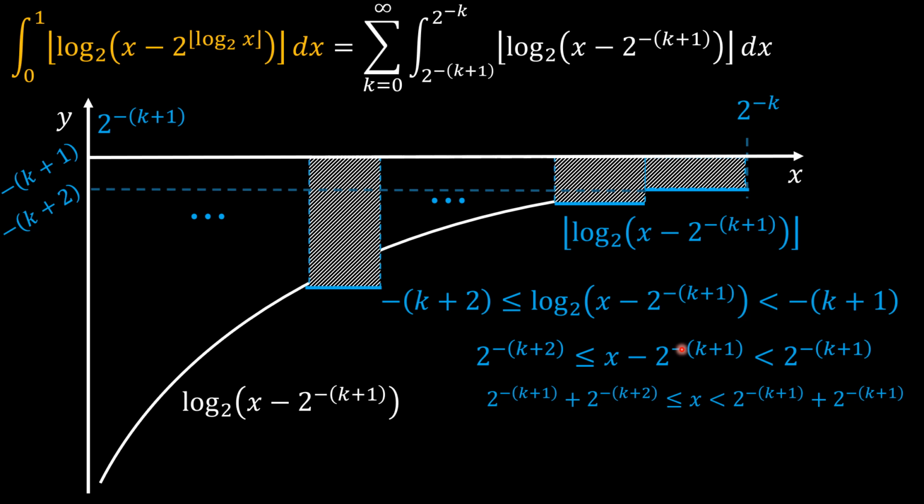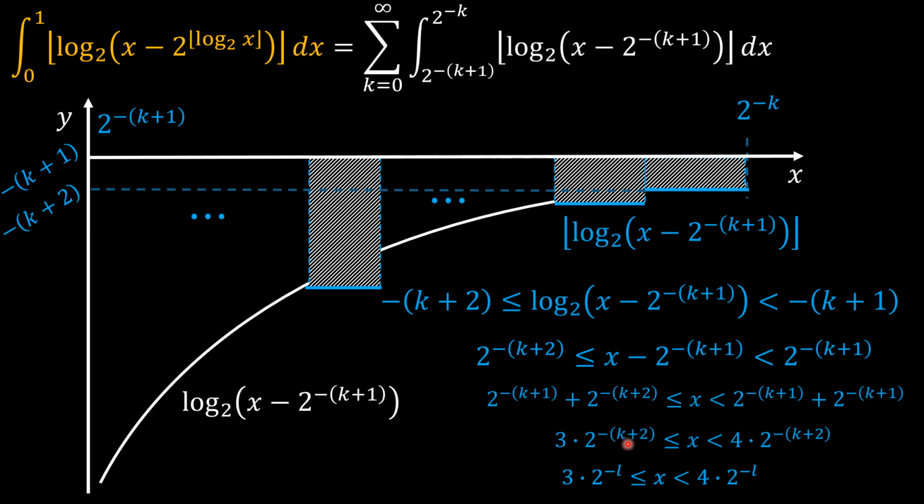And then we can add both sides with this. So we have 2 to the power negative k plus 1 plus 2 to the power negative k plus 2 on the lower side. On the upper side, we have 2 to the power negative k plus 1 plus 2 to the power negative k plus 1. And so this becomes 3 times 2 to the power negative k plus 2 on the lower side, and on the upper side, 4 times 2 to the power negative k plus 2.